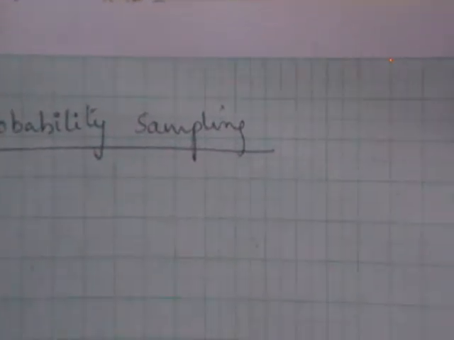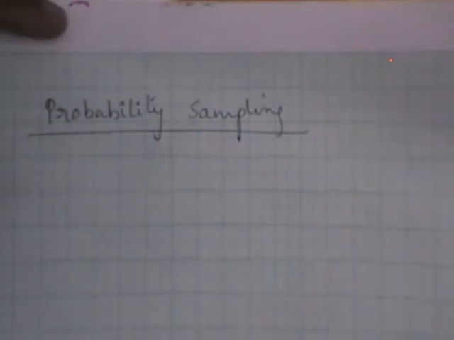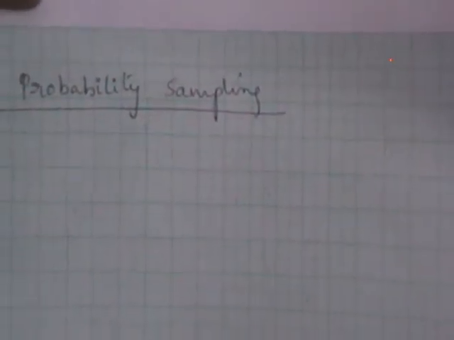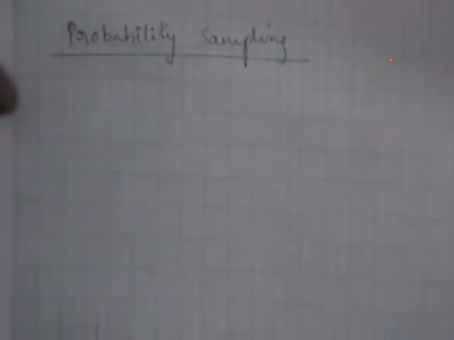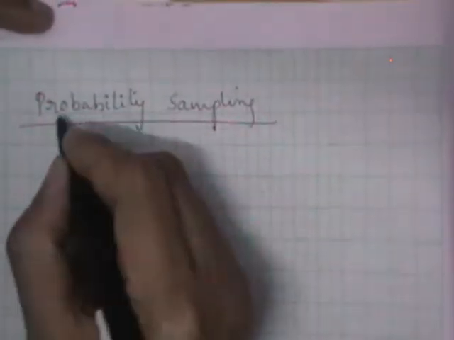To overcome the drawbacks in that sampling technique, the next sampling technique we have in the list is probability sampling. Under probability sampling, we are going to use the techniques of probability in selecting the sample from the population. You are given a population, so which units are to be selected?